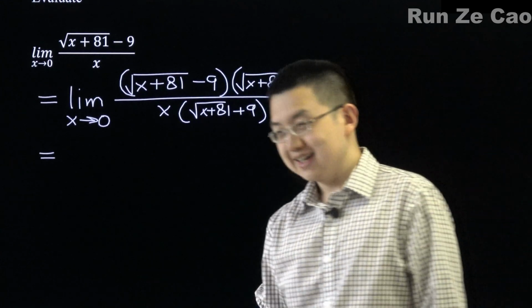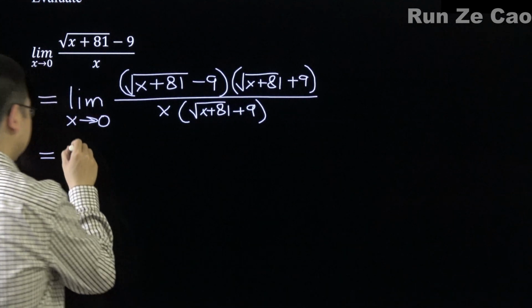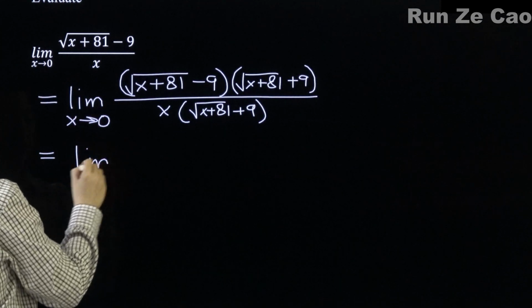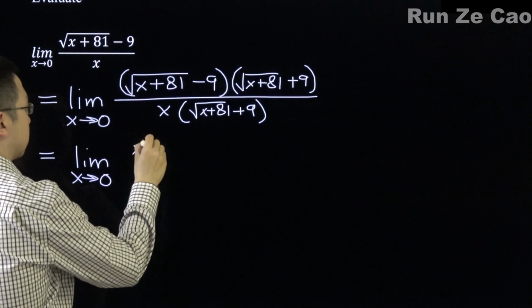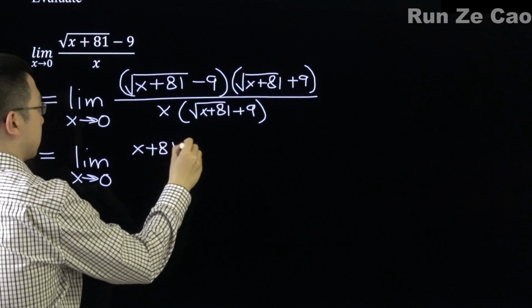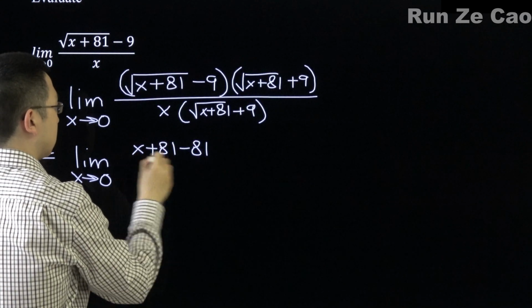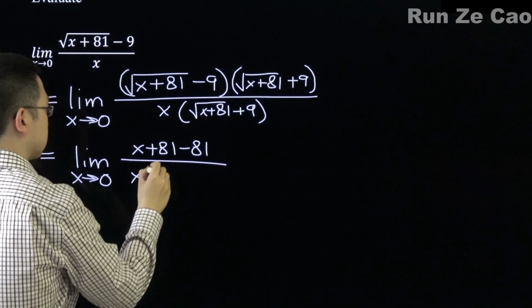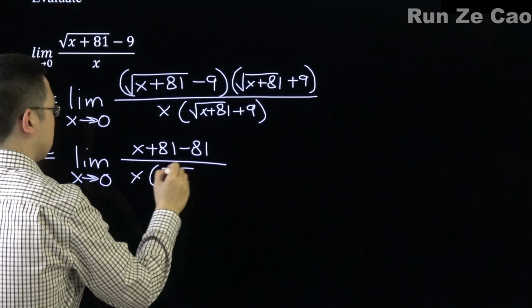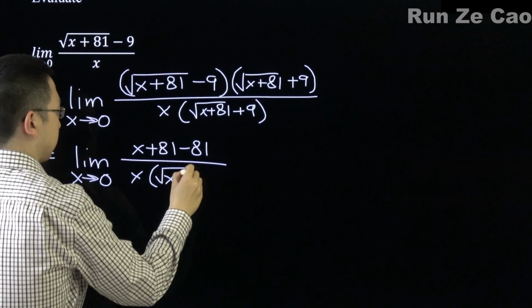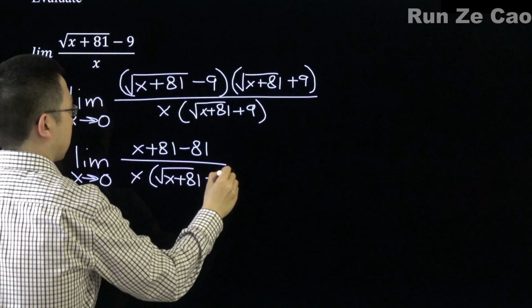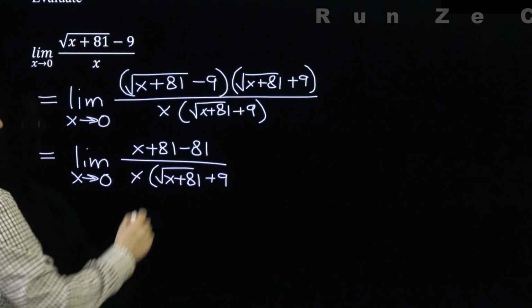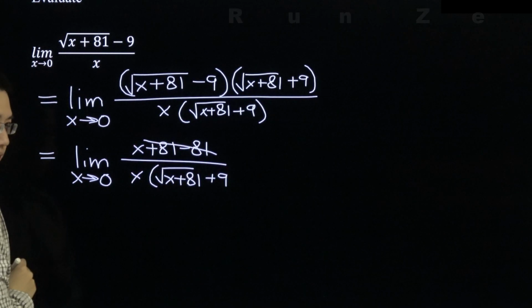Okay. We end up with limit as x approaches 0 of x plus 81 minus 81 over x times root x plus 81 plus 9. Now, as we can see, we can cancel these two out.